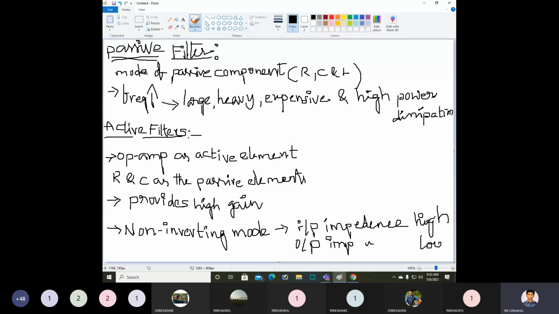So what is reduced for the capacitor? Size and cost.